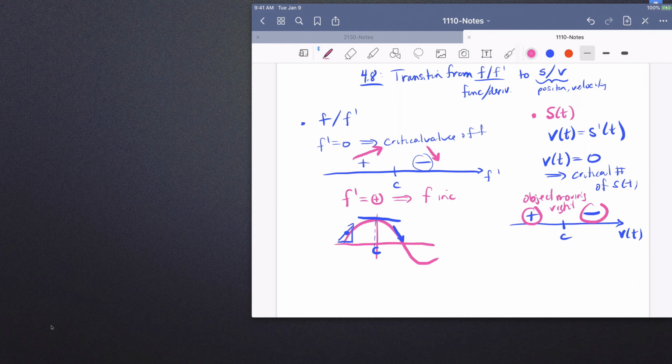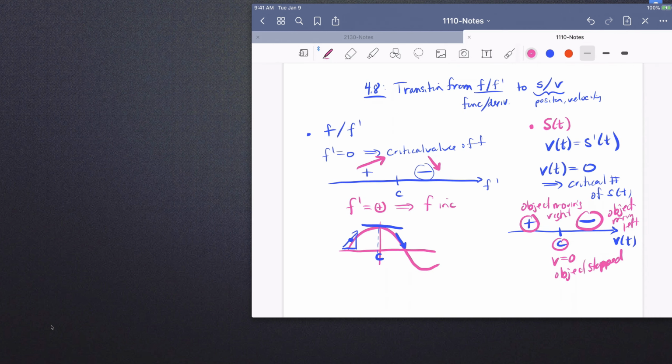And when the velocity is negative, we can say that the object is moving to the left. And at the critical number, the velocity is equal to 0, so the object has instantaneously stopped for a moment, and then the velocity will become positive or negative, and the object will move to the left or to the right.